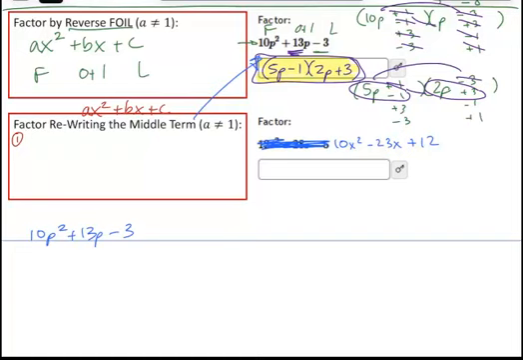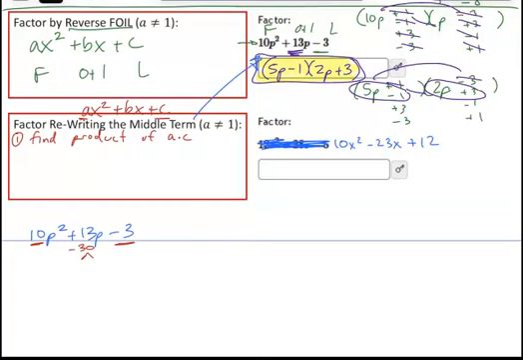Okay, so the first thing I'm going to do is take the product of a times c. So here I have 10 times negative 3. That gives me negative 30. And since I have room here, I will write that right below my middle term.